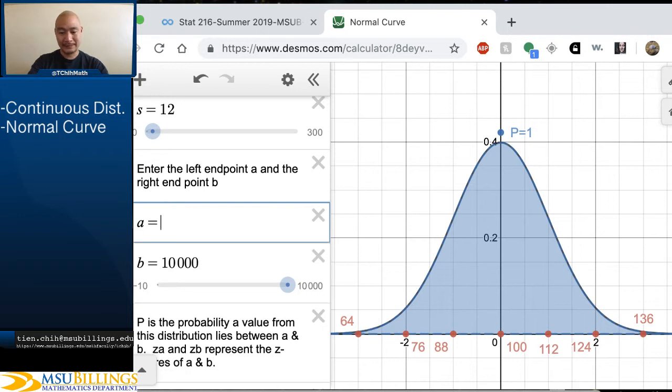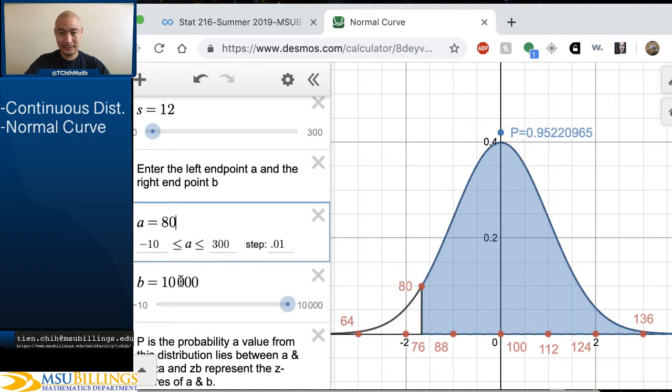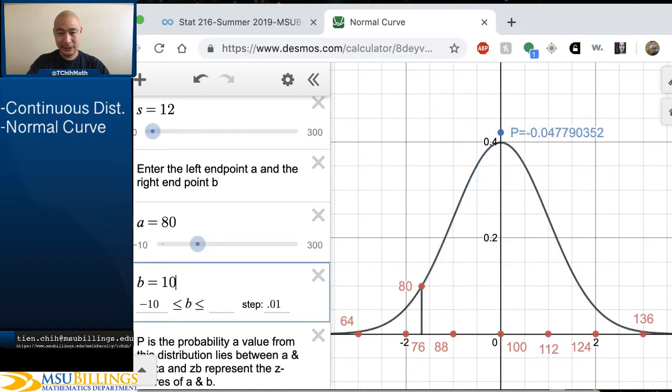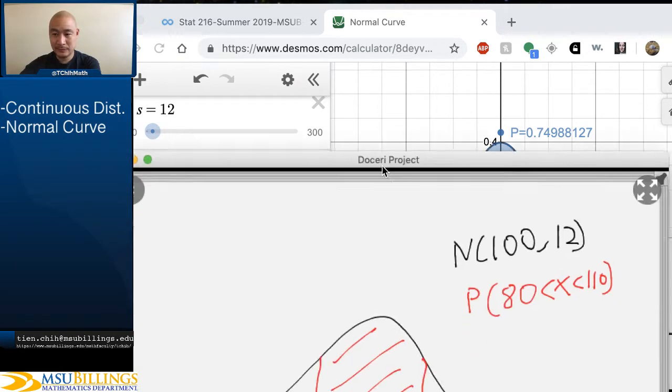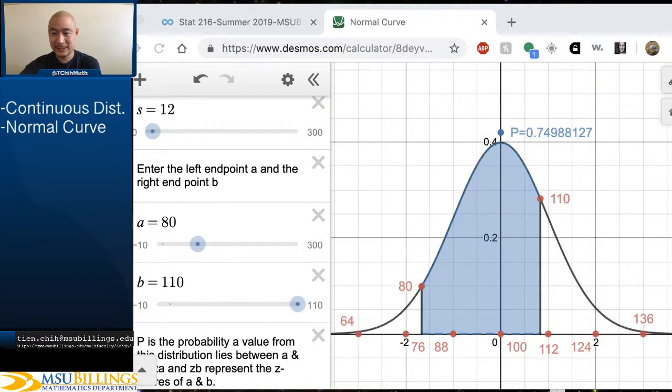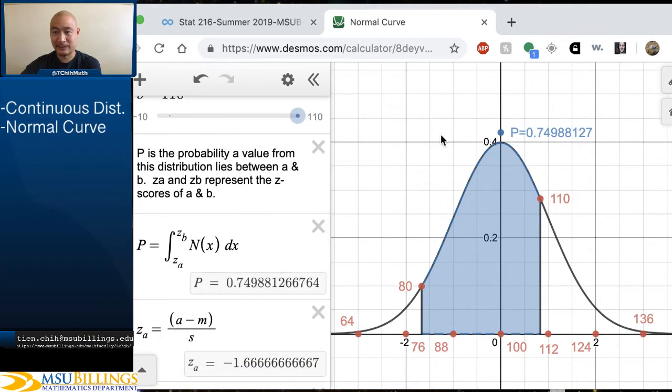We want between 80 and 110. And so we see that between 80 and 110 gives us this area here, this probability of 0.74988, whatever.